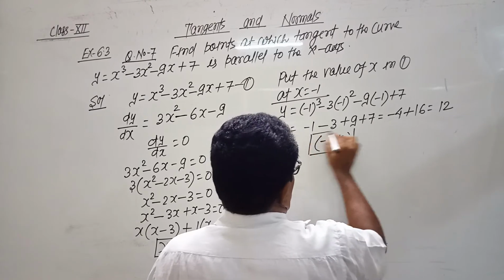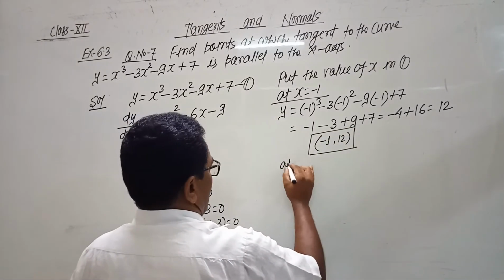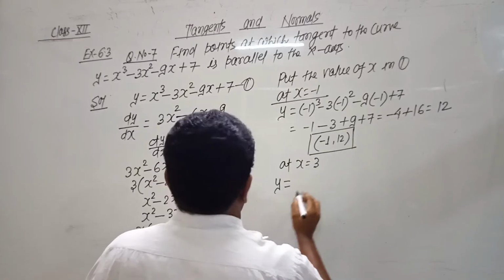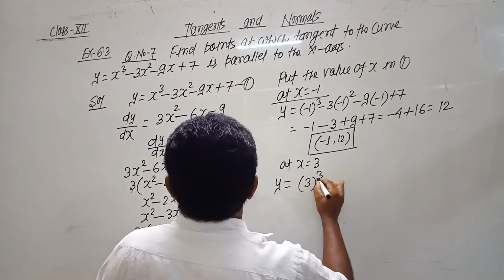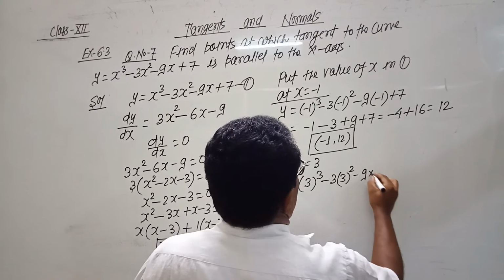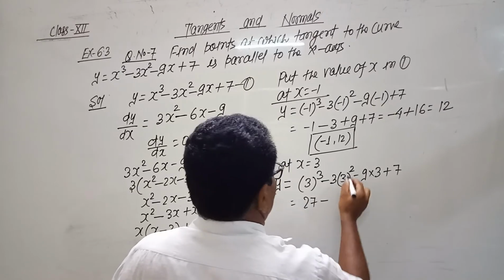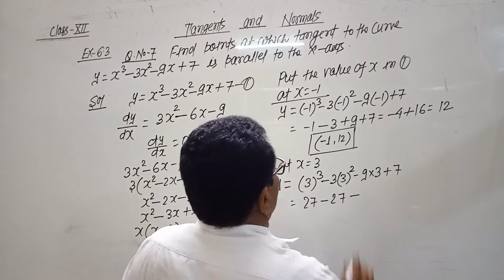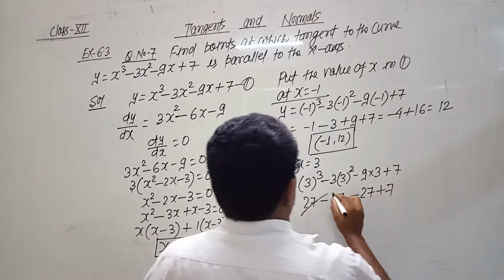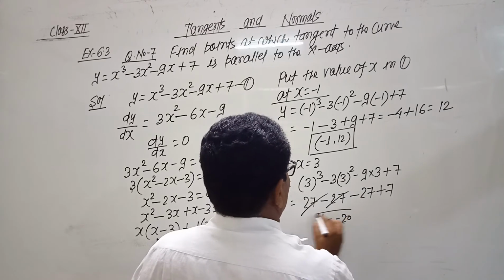Now the other point. So at x equals 3, we will find the value of y. So y equals x cubed, means 3 cubed minus 3 into 3 squared minus 9 into 3 plus 7. It gives 27 minus 27 minus 27 plus 7, and it comes y equals -20.